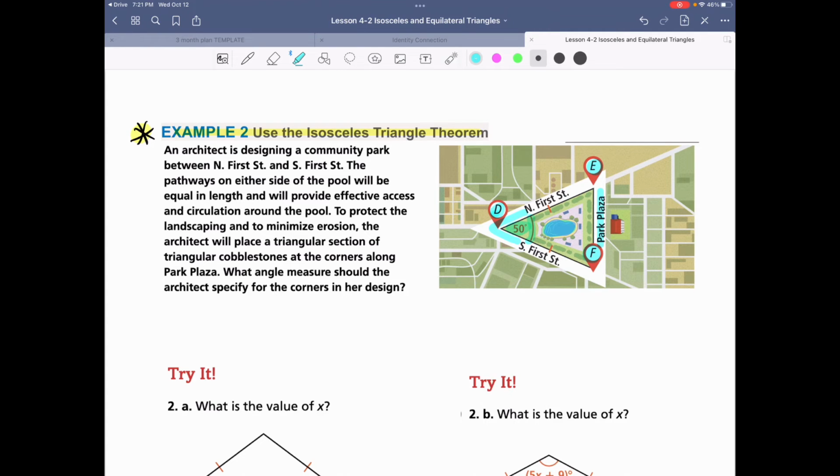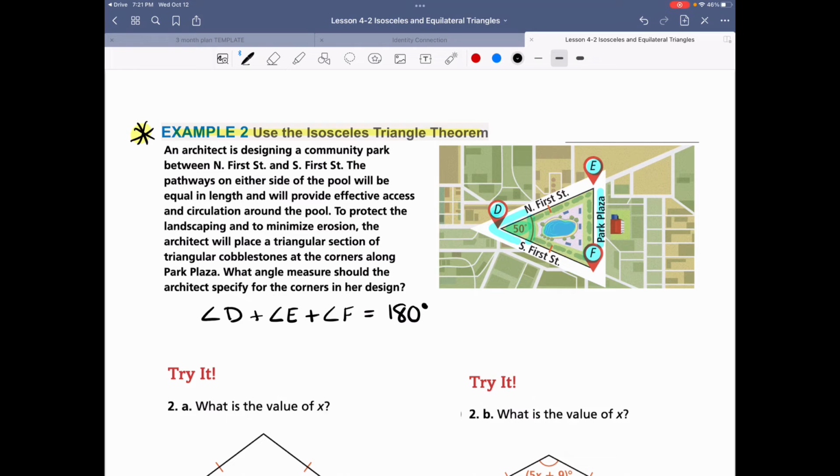What we're going to do here is say that angle D plus angle E plus angle F equal how many degrees are in a triangle? That's right, 180 degrees.